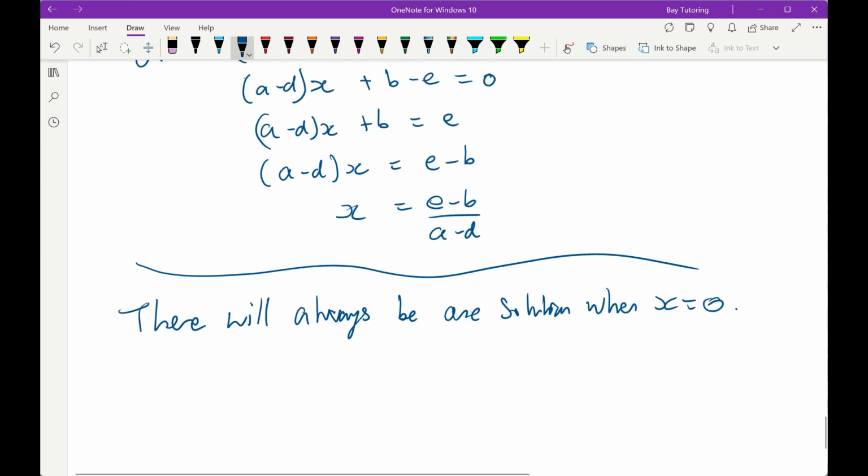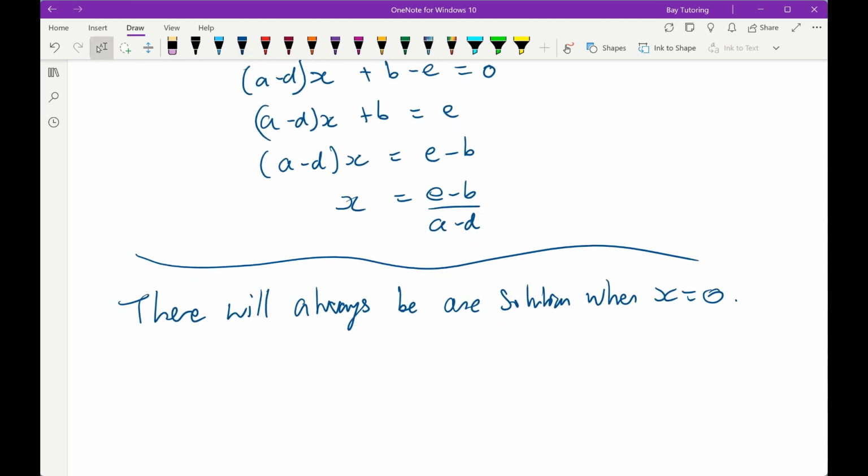There will also be a solution where x equals e minus b over a minus d, so long as e minus b doesn't give you 0. Because if the top made 0, you would just get an answer of 0, and then it would be the same as the other solution. It wouldn't be unique. So there will be a second solution.